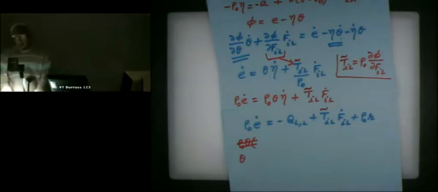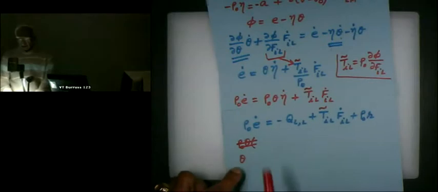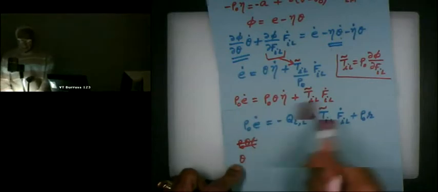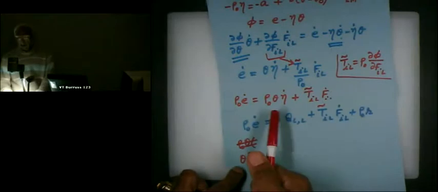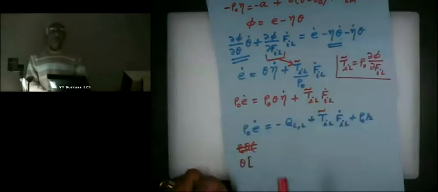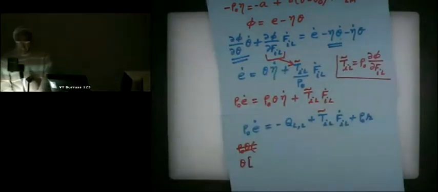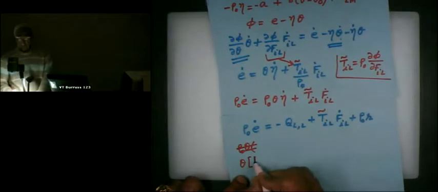Okay, so now let's substitute for E dot this quantity. So we get theta rho 0 eta dot. So let's differentiate this. A is a constant, so its time derivative is 0. So we get B theta dot. And now I need to be careful about my signs.